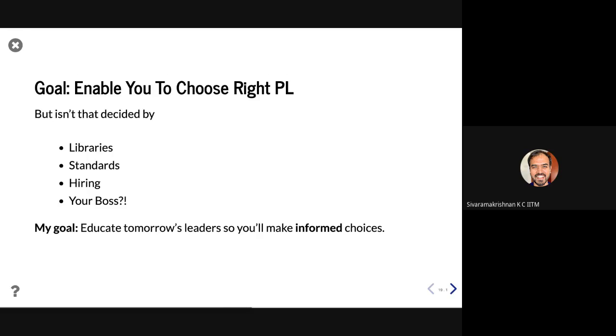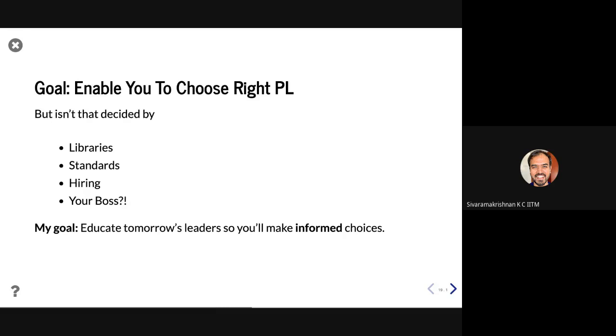And when you are in a position of power, or when you get the freedom, this course will enable you to choose the right programming languages for the problem. Remember this analogy about programming languages being tools, hammers and screws and screwdrivers and so on.